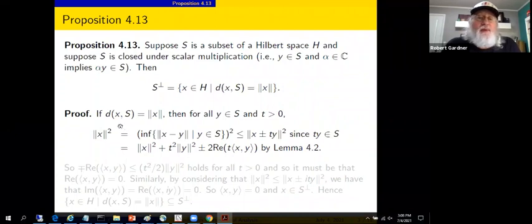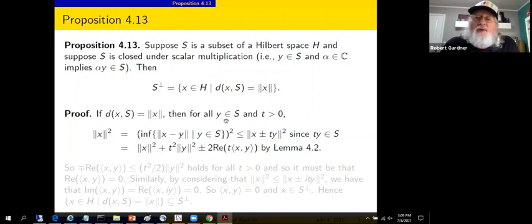First, let's suppose the distance from x to S equals the norm of the vector. Then we want to show that that vector is in the perp space. So suppose the distance from x to S is the norm of vector x.